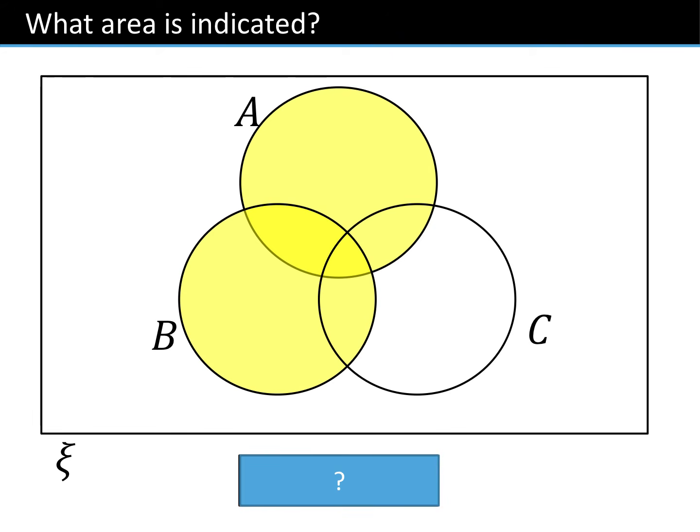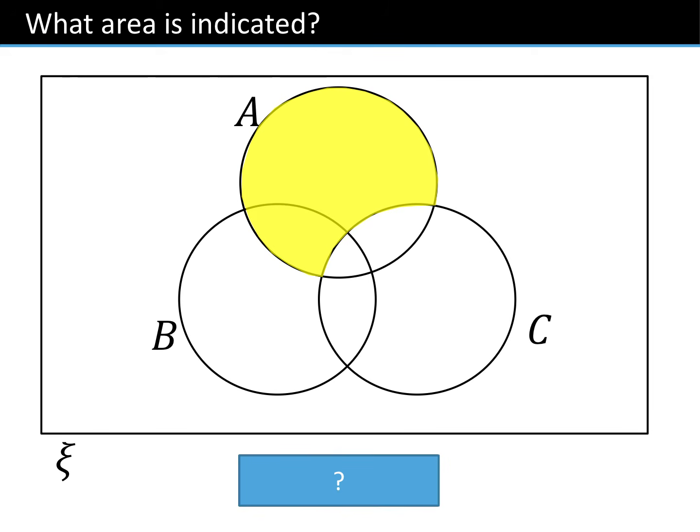Here we go. Next question. So this is A union B. Again, we do not need to worry about C yet, because this is just the whole of A becoming united with the whole of B. Okay, how about this question here? They all intersect, so it's A and B and C, which is A intersection B intersection C. Okay, how about this one here?